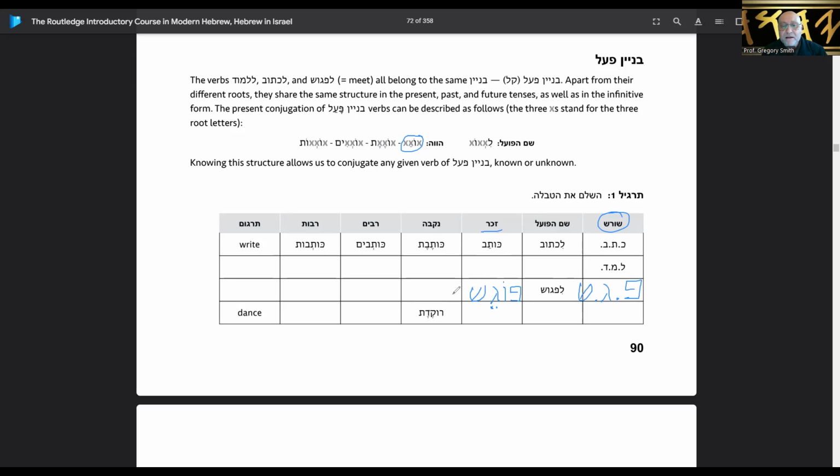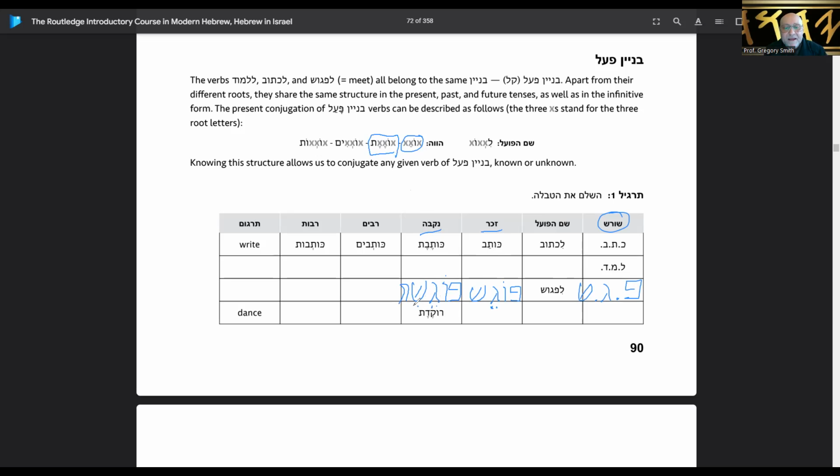He is meeting. Now under the nekeva, we would have another pattern right here. See that pattern? So then we're going to use the pay, because that's the first letter of the pattern. We're going to use a holam, and the gimel, and it's going to be a sheen, and then it's going to end with a tav. So pogeshet.